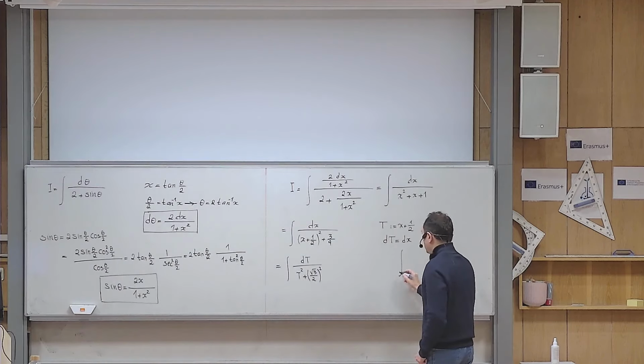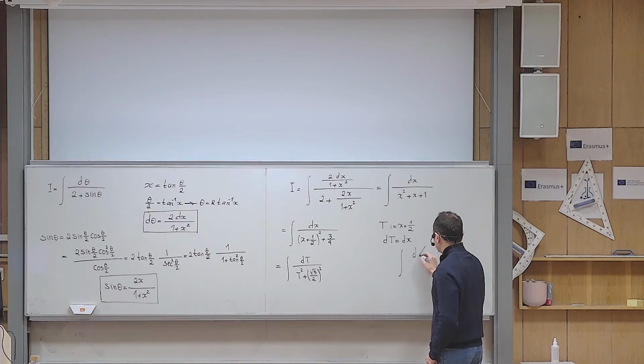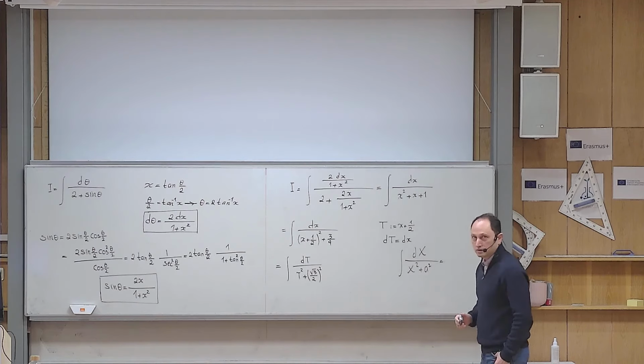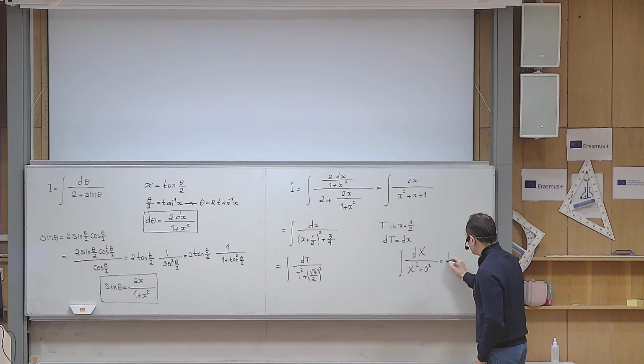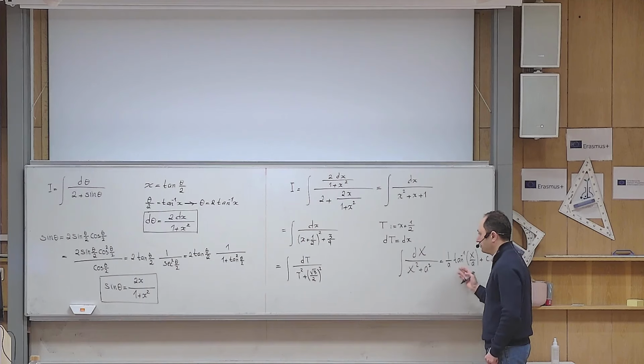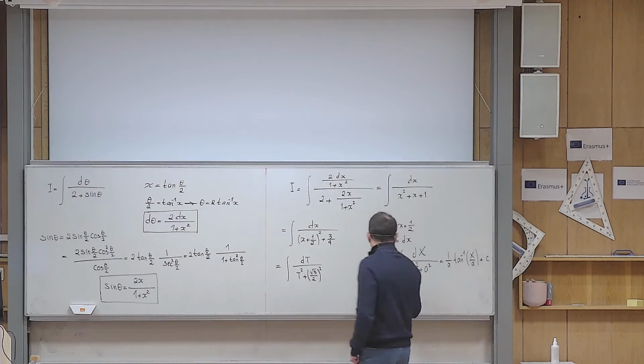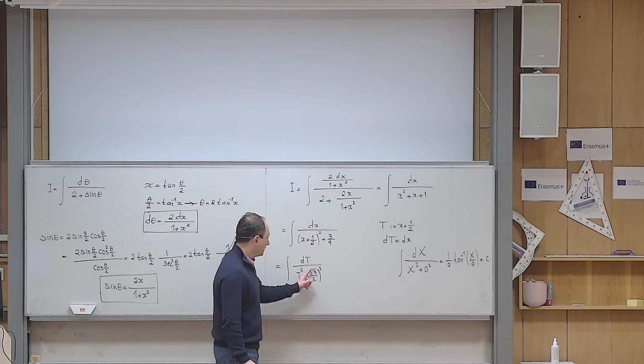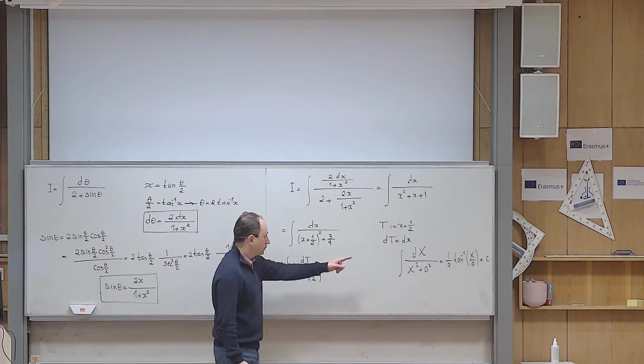The integral of dX divided by X squared plus a squared. This is a famous arctangent function, so it becomes 1 over a tangent inverse of X over a, of course, plus a constant c. So I want to use this formula with T playing the role of X and square root of 3 over 2 playing the role of a.